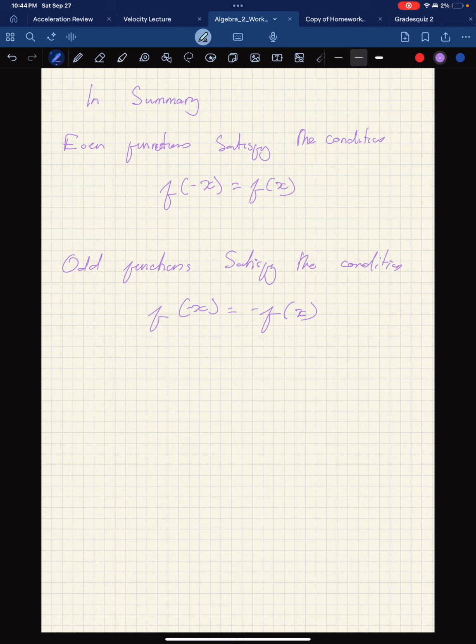If a function does not satisfy these, then it is neither.